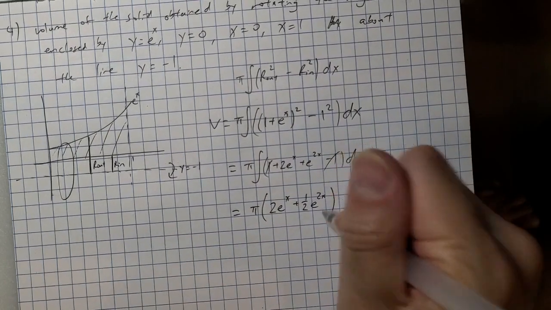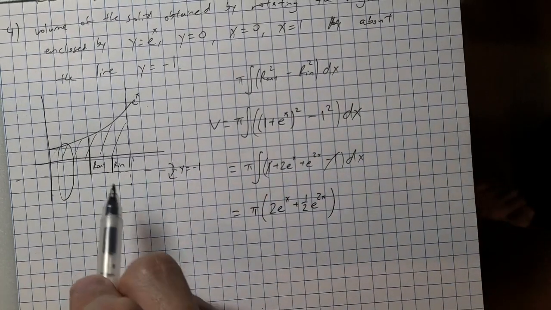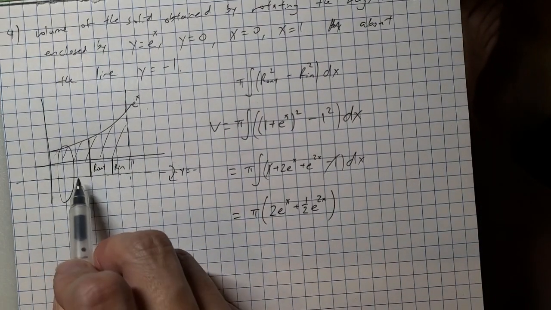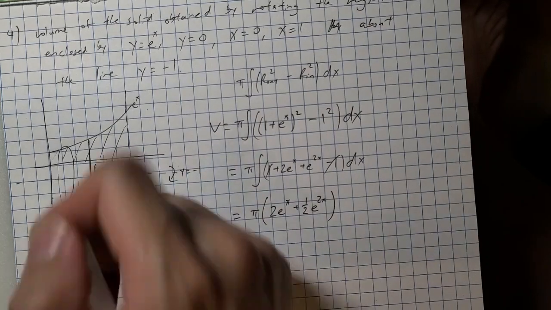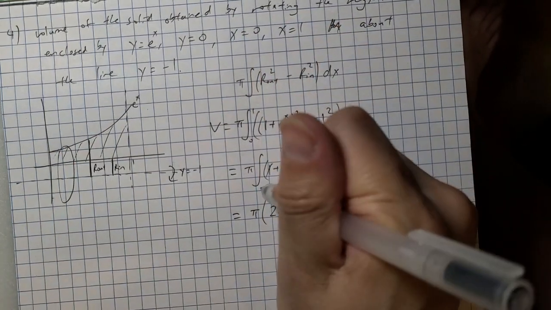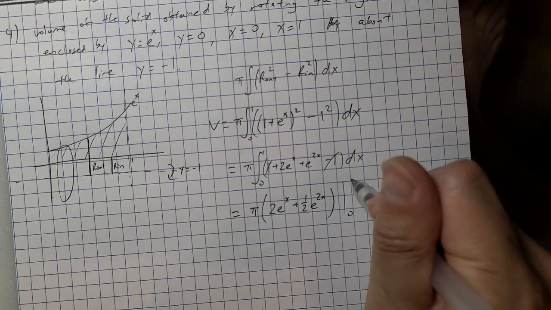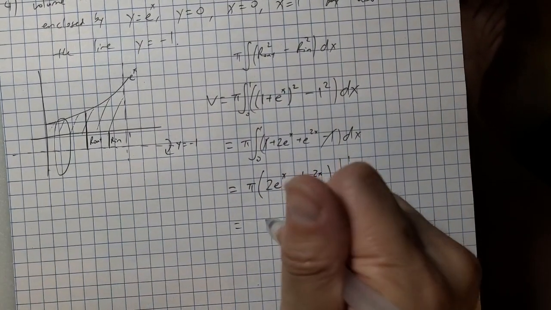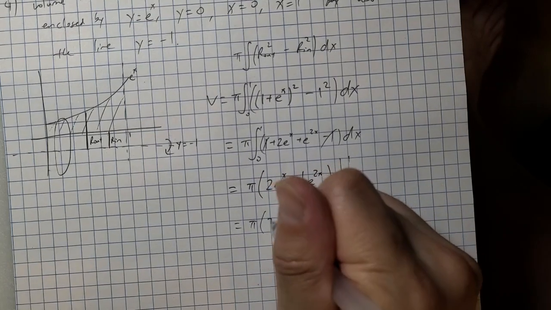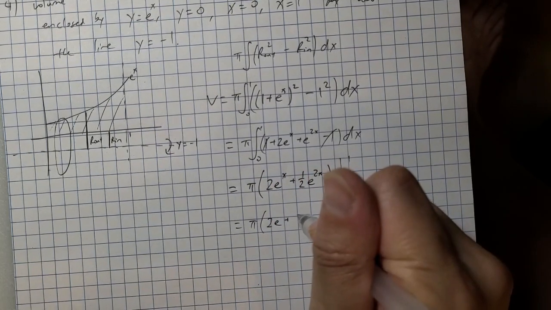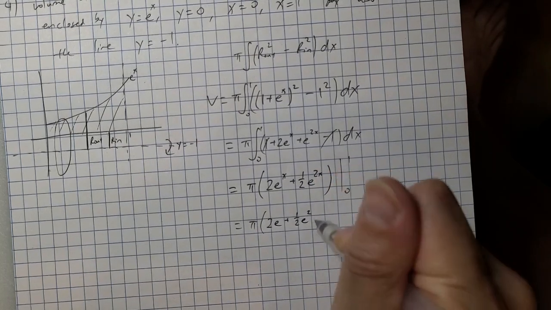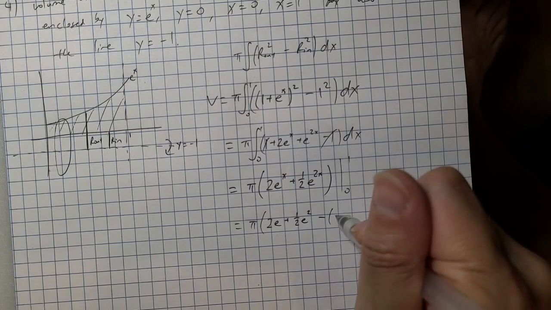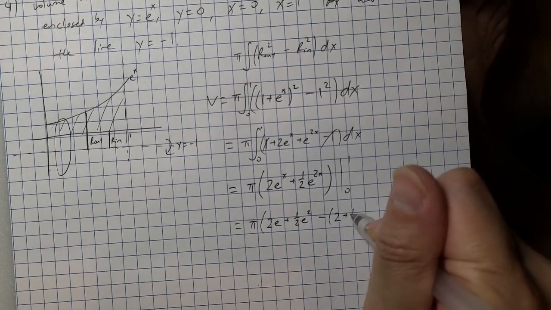Oh, we forgot our limits of integration. What are our limits of integration? What's our region between in terms of x? X is from 0 to 1. So evaluate this from 0 to 1. So we use the fundamental theorem of calculus. That'll be pi times 2e plus half e squared minus 2 plus half.